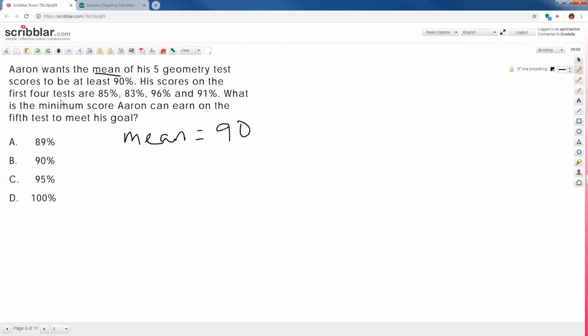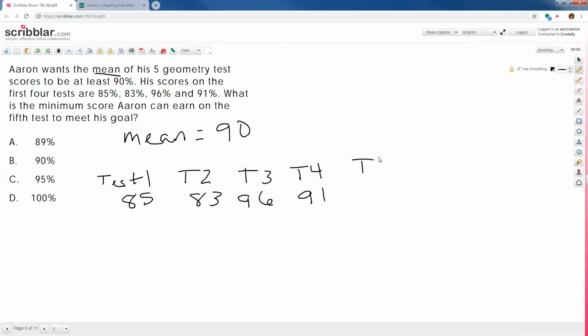His scores on the first tests are 85. So test 1 was 85. I'm going to just say T for test. Test 2 is 83. Test 3 is 96. And test 4 is 91. What is the minimum score Aaron can earn on the 5th test to meet his goal?